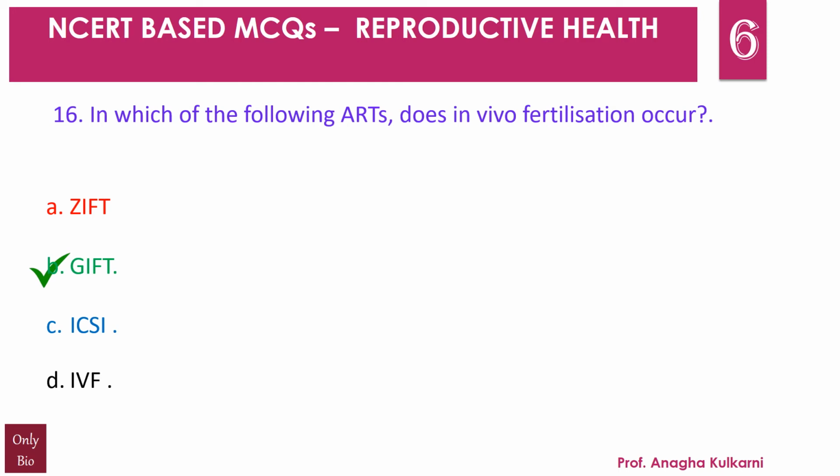It is the assisted reproductive technology in which in vivo fertilization occurs, because in vivo basically means in the body, that is the fusion of the male and the female gametes inside the body of the female. In GIFT, ova from one woman are transferred to a woman who is not able to produce the ovum but can provide a suitable environment for development of the embryo. So in vivo fertilization is GIFT, gamete intrafallopian transfer.